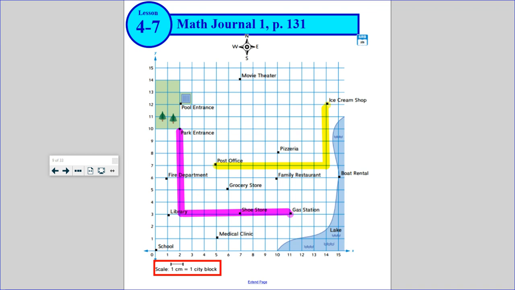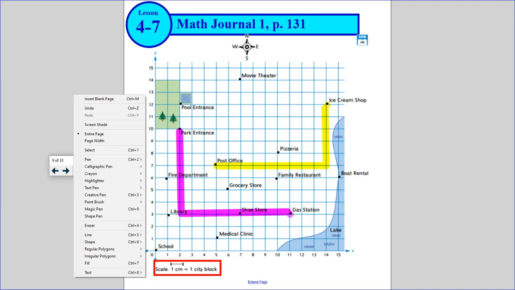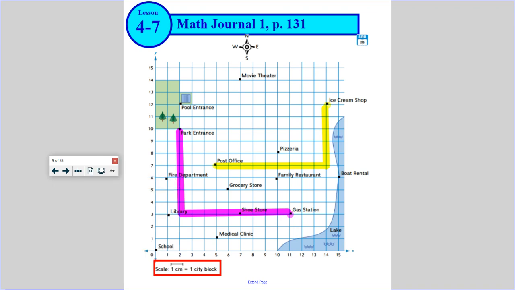Okay, so when we're looking at these, we see to get from the post office to the ice cream shop, we would go 1, 2, 3, 4, 5, 6, 7, 8, 9, 10, 11, 12, 13, 14. It's 14 blocks away from each other.